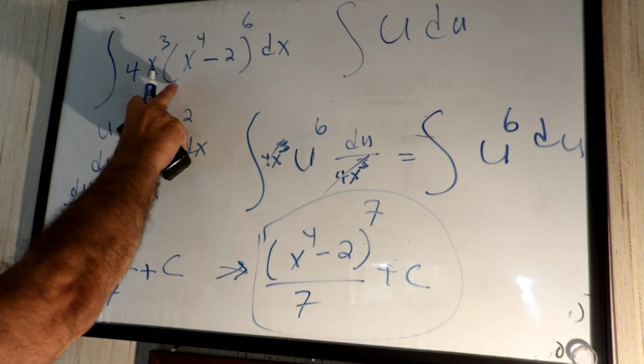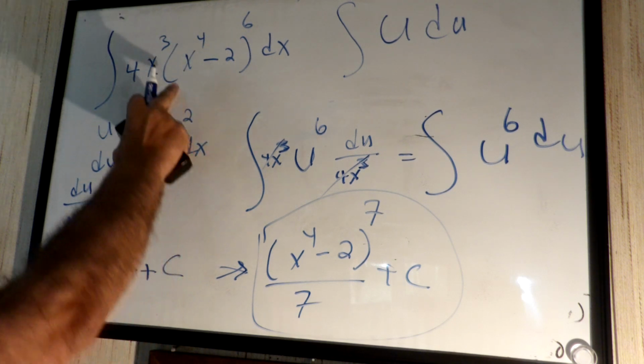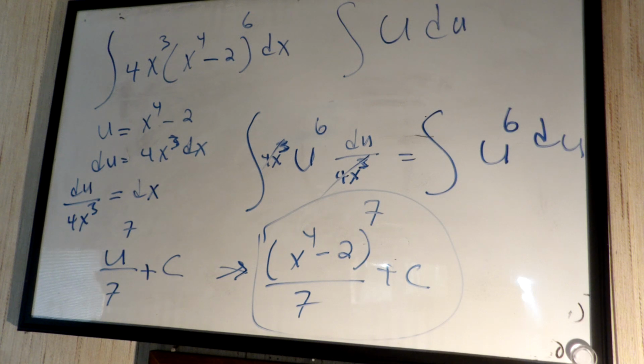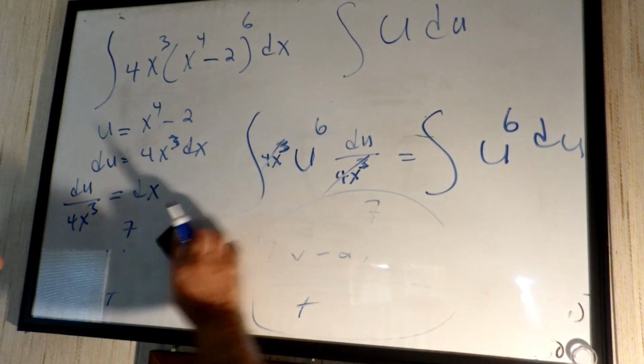So this was u. Actually, this was the easy one, because we choose this one and the u was right there, but it's not always that easy.